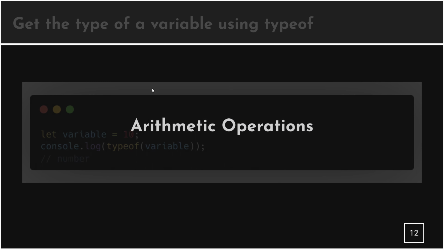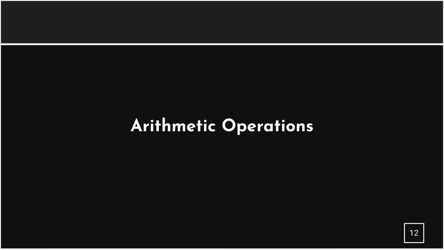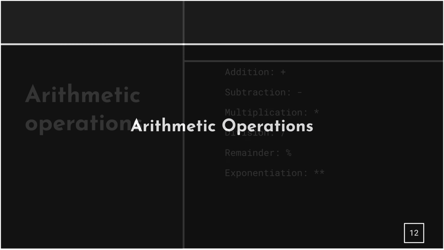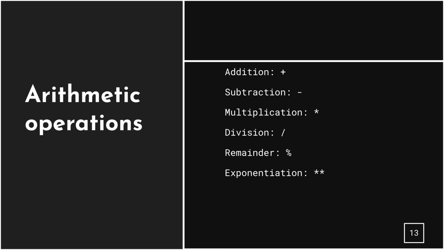Moving on, now we talk about arithmetic operations. Arithmetic operations are used in the same sense as in mathematics. They are just a set of instructions that we use to manipulate the values in our program.